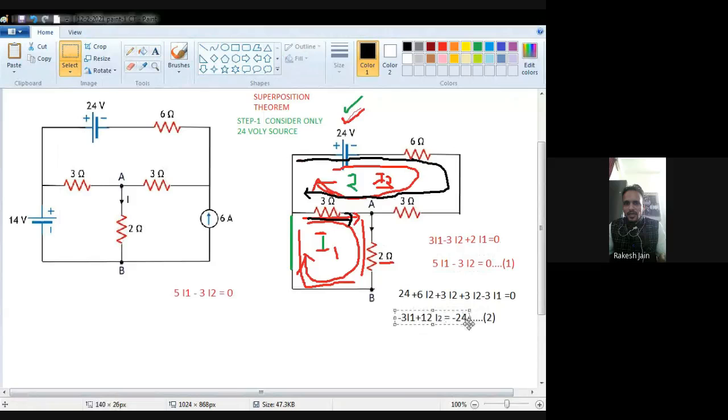I just simplify that above, so this is equation number 1 in the first step. Now I see the second mesh.